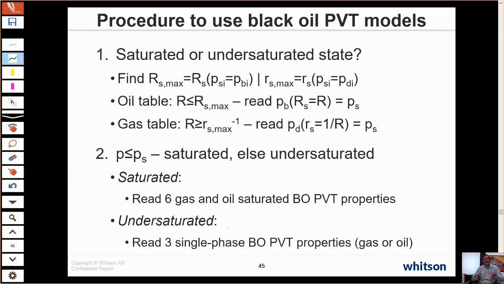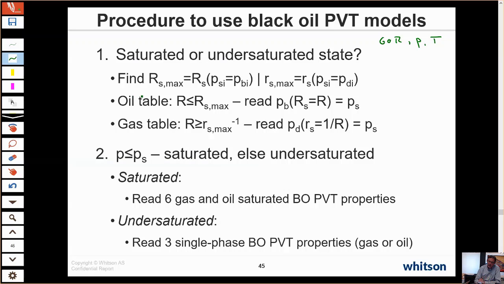Now this is very cryptic, what I'm showing you, but this is the logic that you have to program to get these numbers. So the first question, is it saturated or undersaturated state? That is for a given gas oil ratio, given pressure, temperature.